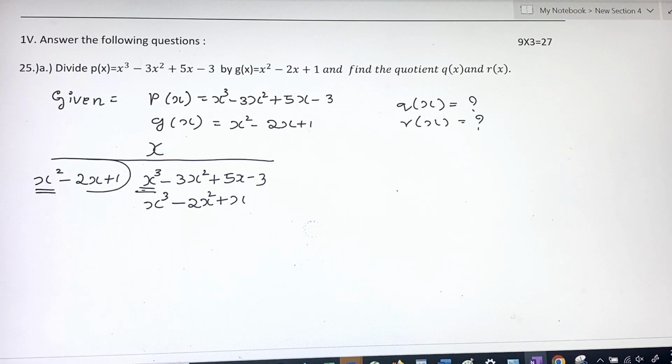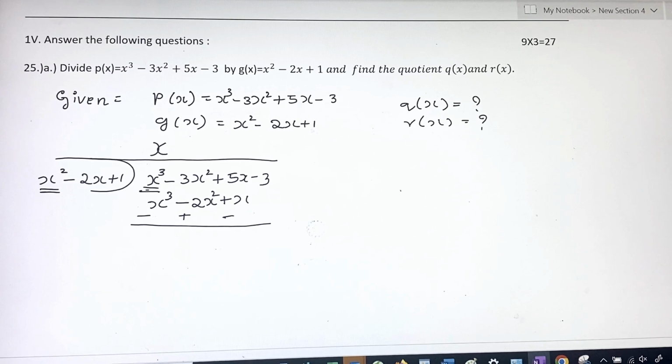Okay, now what do we need to do? We need to subtract this, that is change the signs: minus, plus and minus.